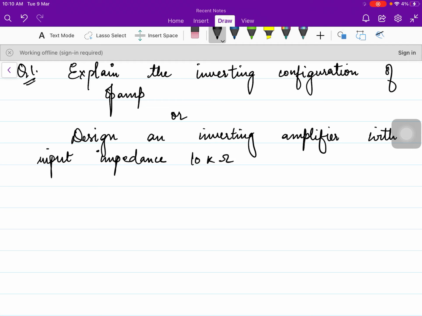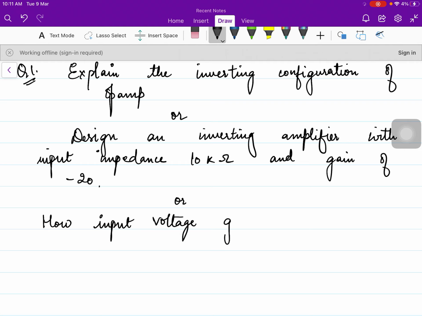So this is an inverting amplifier with input impedance. Some might be given to you, it might be 10 kilo ohm, and a gain of minus 20 might be given. So you might be asked to design an inverting amplifier, or sometimes the question comes like: how does the input voltage get reversed using op-amp, explain.